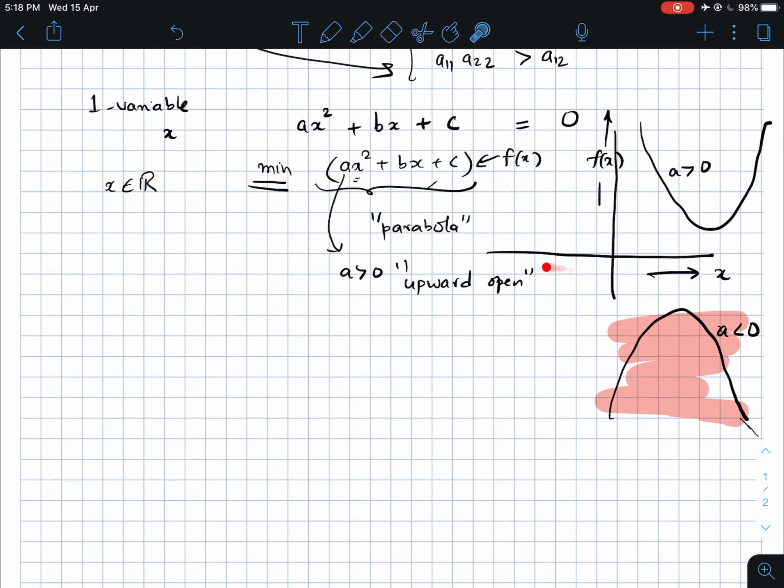Similarly, if you keep decreasing x, the function keeps going down to minus infinity. So when a is less than 0, there is no point in minimizing this. But when a is positive, the minimum is going to be at this point, and everybody knows where this point is going to be.